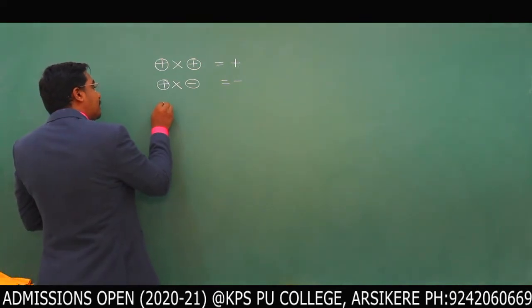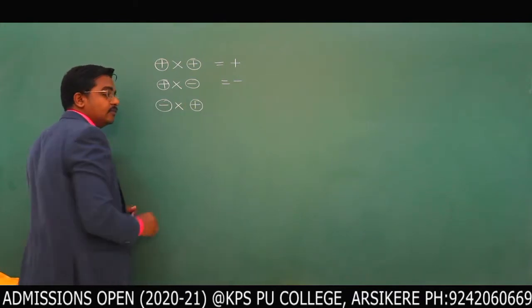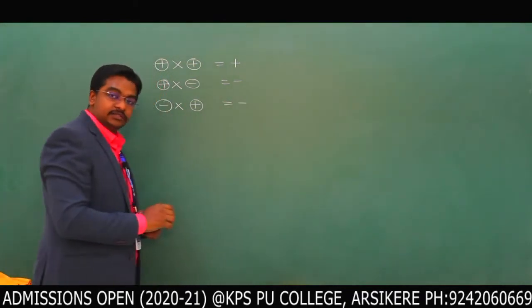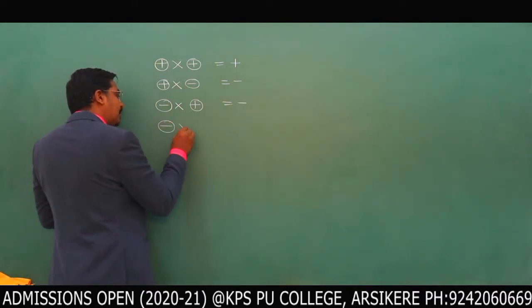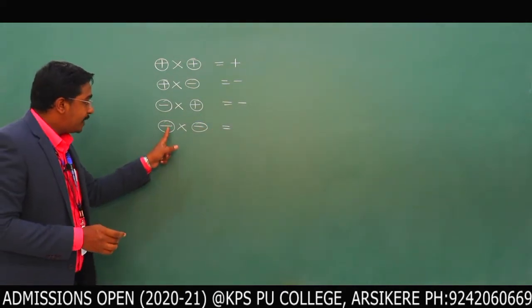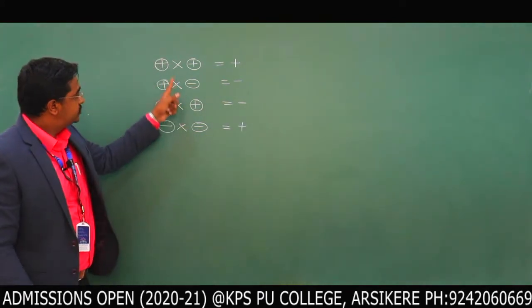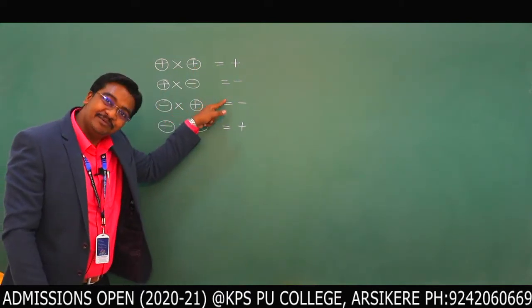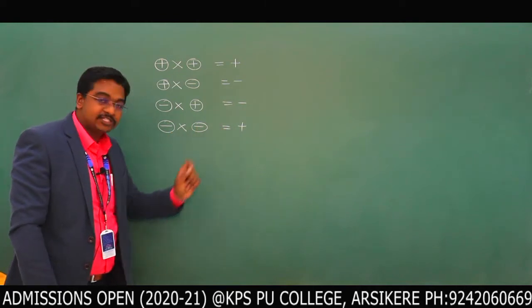Then minus into plus also becomes minus, negative sign. When both have minus sign, minus into minus becomes plus. This is the resultant sign. So I repeat again: plus into plus becomes plus, plus into minus becomes minus, minus into plus becomes minus, minus into minus becomes plus.